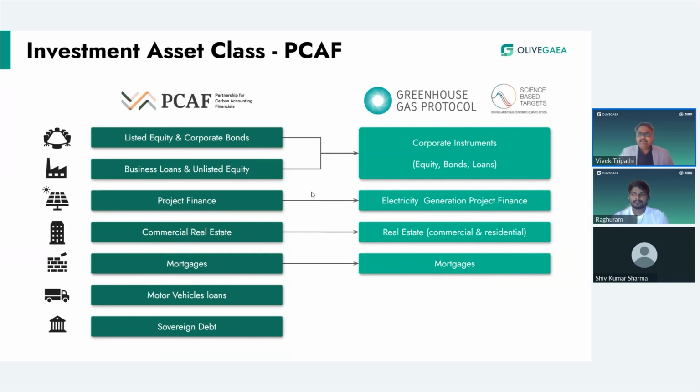A bank has its asset books, which typically comprise multiple different types of assets. Banks invest in liquid listed equities or corporate bonds issued by companies which are already listed in the market. Banks also offer business loans to private entities, unlisted companies, small companies and SMEs. So those are business loans.